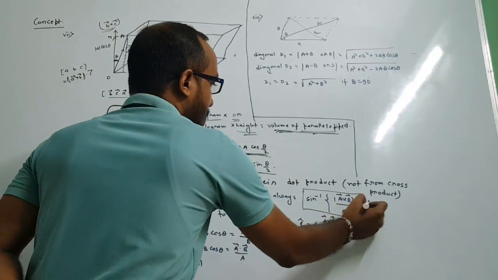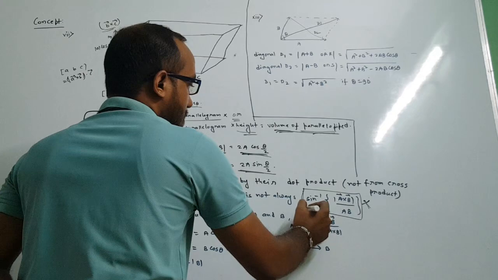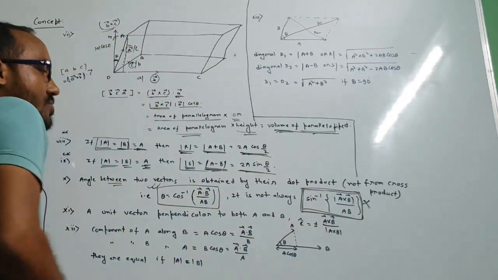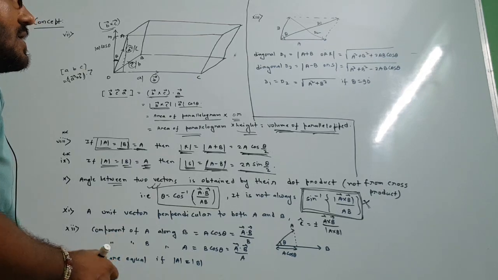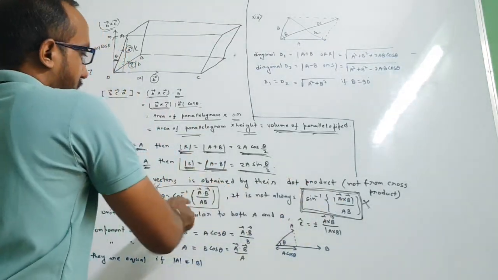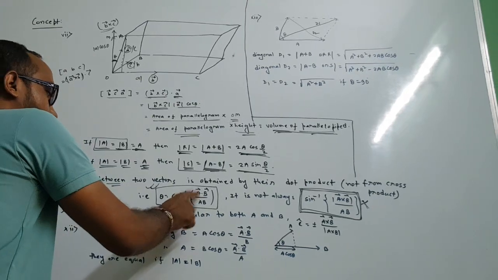Don't come from cross product logic, because this is not always true. Though we know that A cross B is mod A mod B sin theta into n cap, still don't find the angle by cross product, find the angle by dot product.